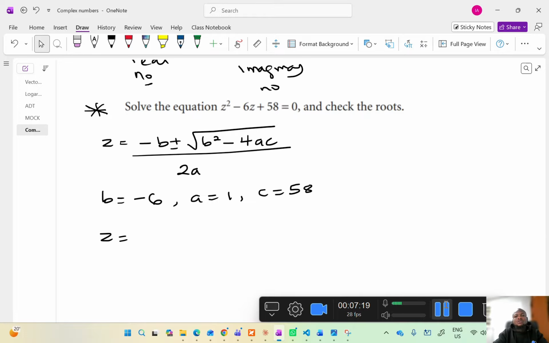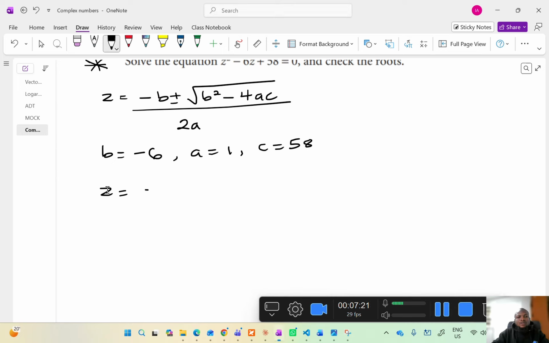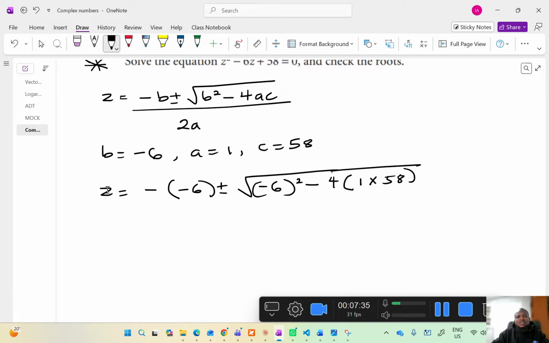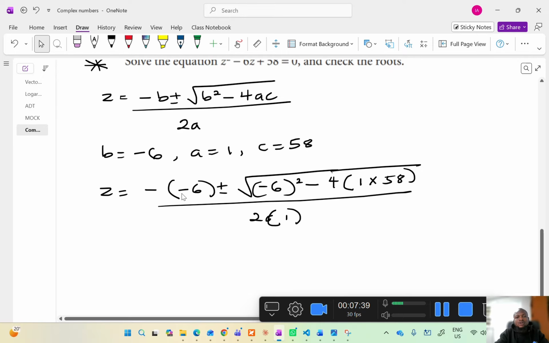Okay, so z becomes minus b, and b itself is minus 6, plus or minus the square root of b, which is minus 6, squared, minus 4 times the value of a, which is 1, times the value of c, which is 58, divided by 2a, where the value of a is 1.